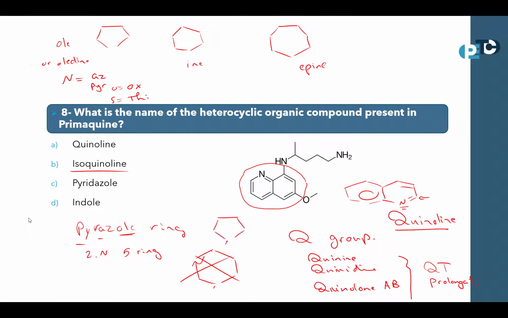So this is the pyrazole ring. Okay, a 5-member ring containing two nitrogens. This is one of the examples of the nomenclature. If we have any other question like this, we will explain more about these points. Let us see the next question.